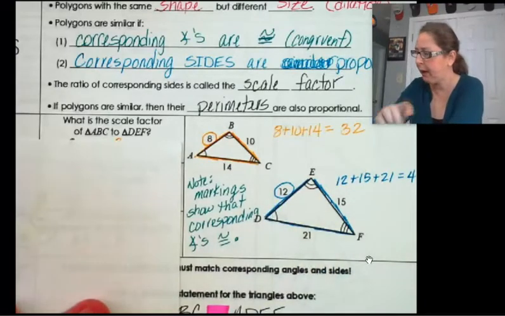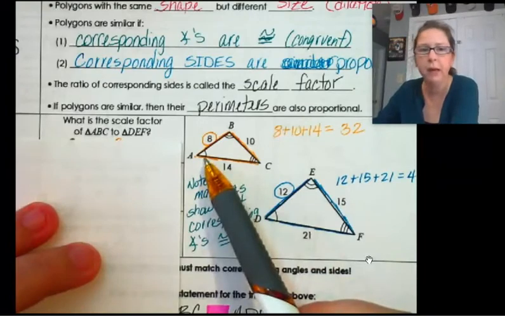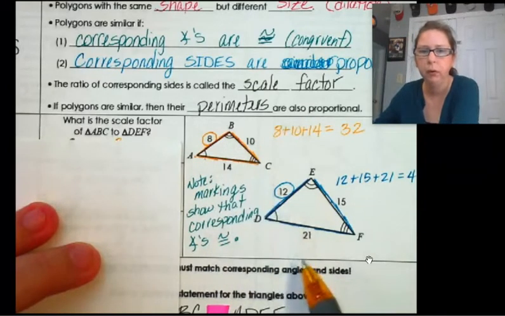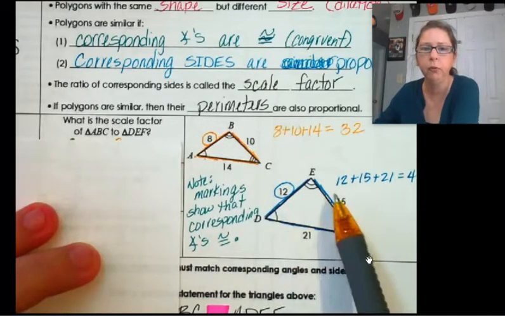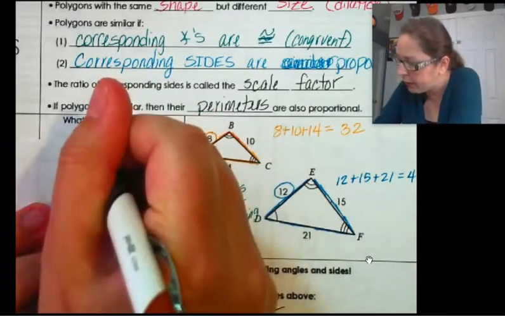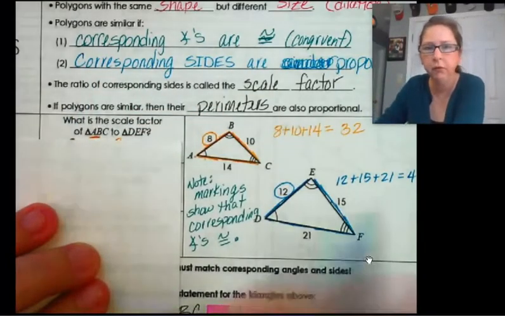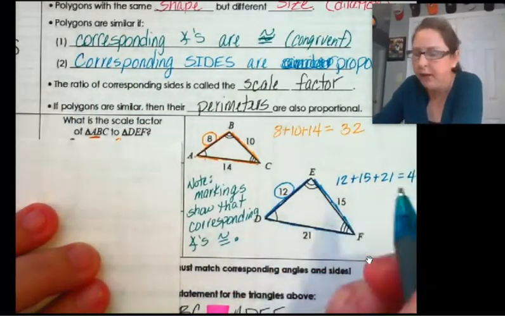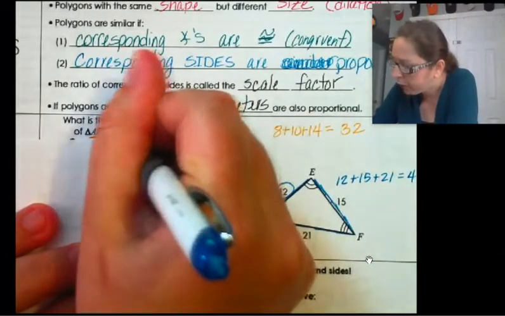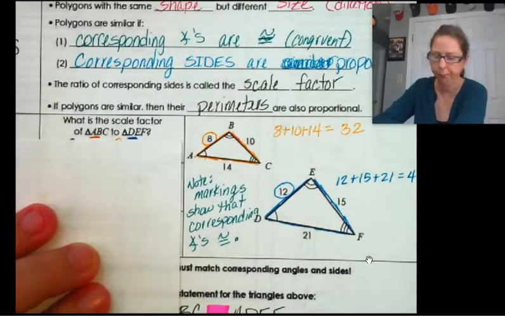I know that 8 and 12 are the ones that go together because they're both between angles 1 and 2. Another way to see it is that in the written statement here, A and B are the first two letters, and D and E are the first two letters. They're in the same order in the statement as well.